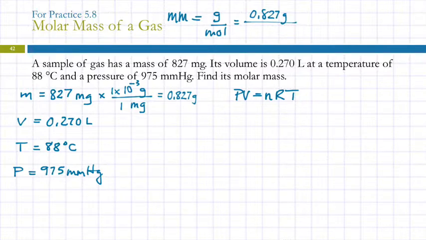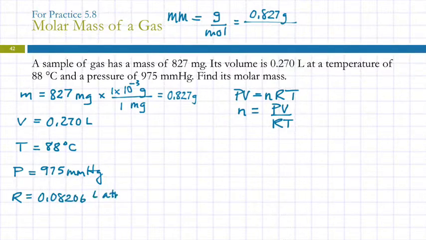So we can rearrange this and we end up with n equals PV over RT. So we're going to have R in here again. Use the units on R as your guide.